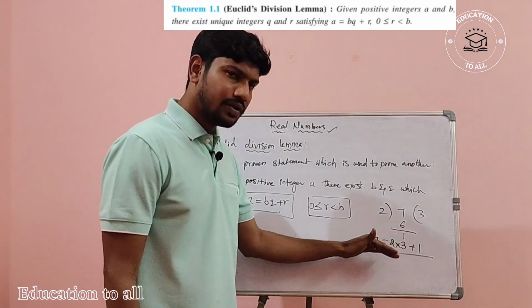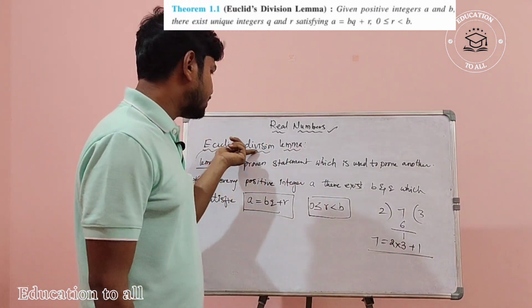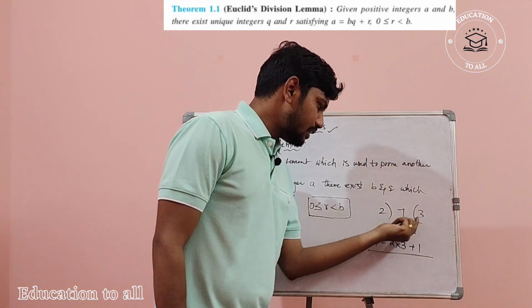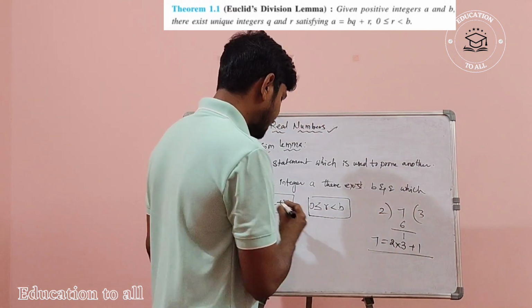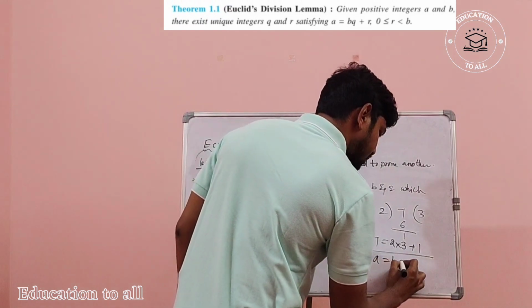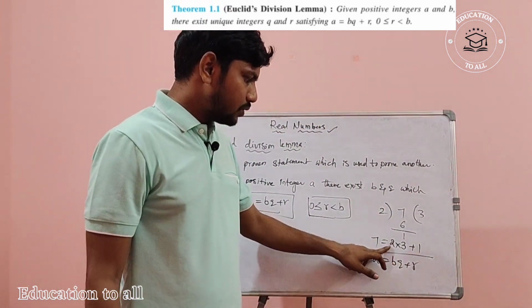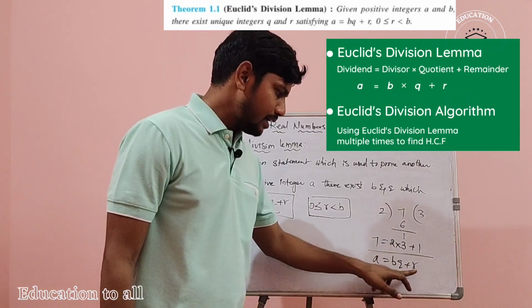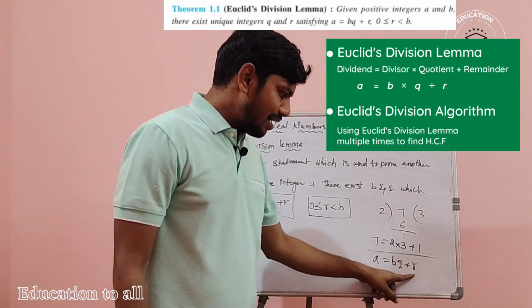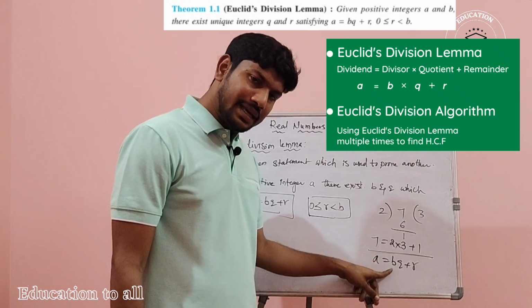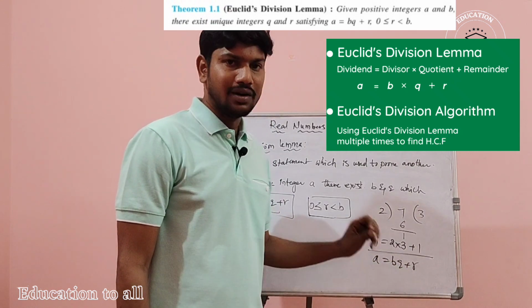Euclid explained in the Euclid division lemma the division algorithm. 7 is equal to 2 3s plus 1. So by comparing that, a is equal to bq plus r. a is equal to 7, b is equal to 2, q is equal to 3 and r is equal to 1. Where r is called remainder, a is called dividend, b is called divisor and q is called quotient.